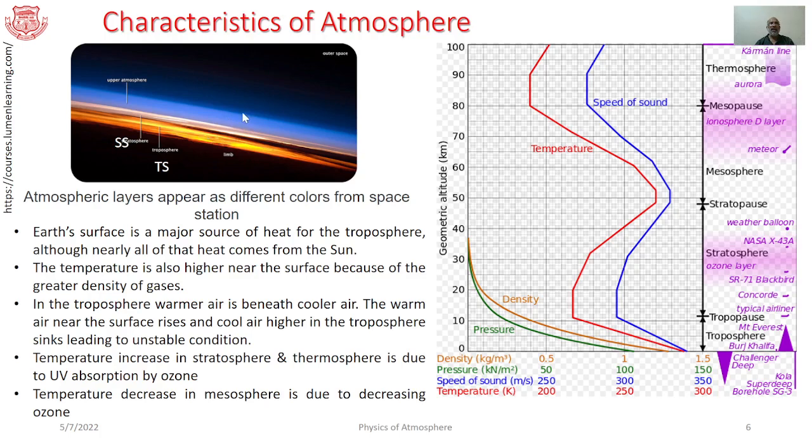As we have the spatial view of the atmosphere, what you see here is the upper atmosphere. Beyond that is the exosphere. In the immediate vicinity of the Earth's surface, there is the troposphere, and above it there is the stratosphere.